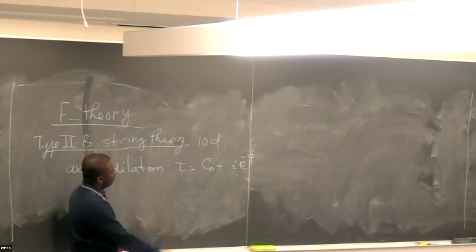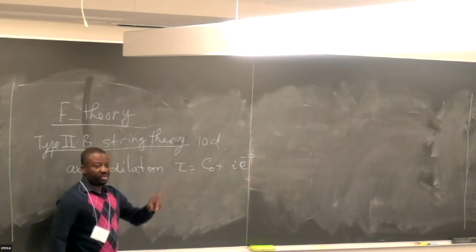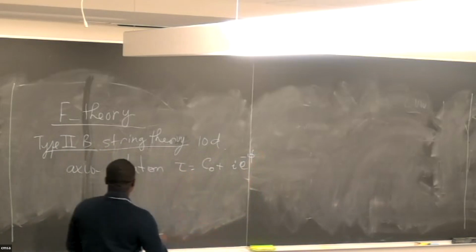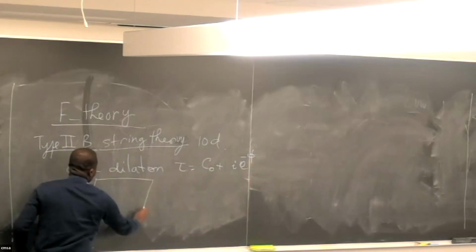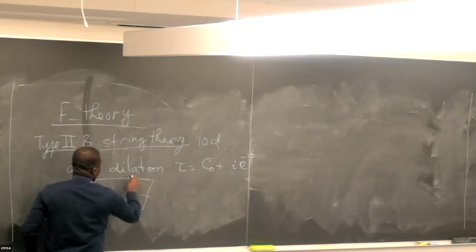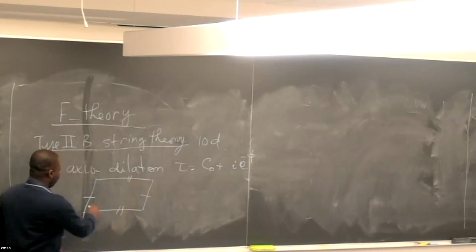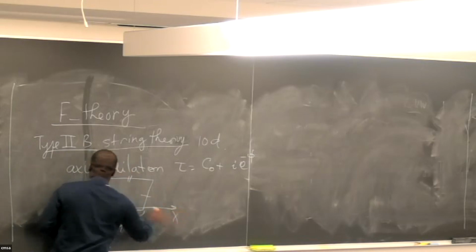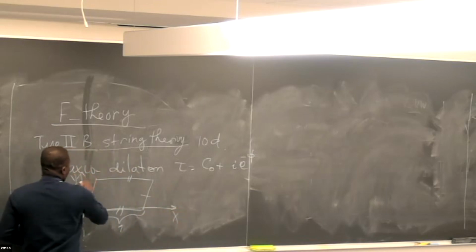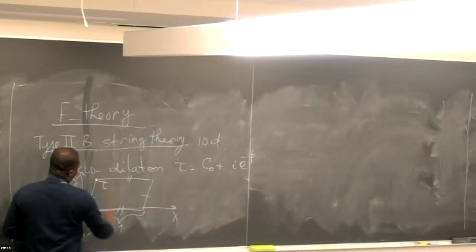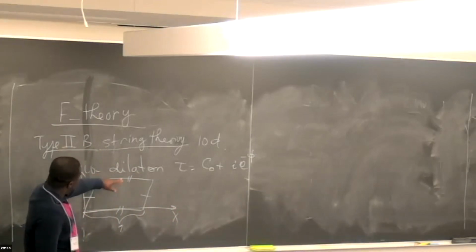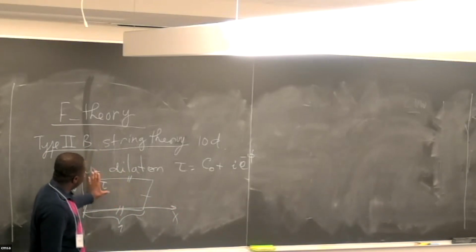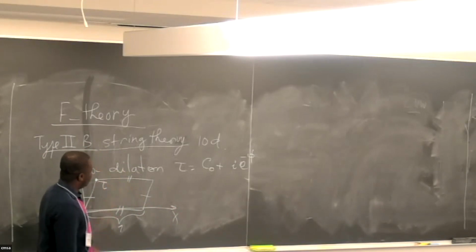So this is your axio-dilaton field written tau, and very much like what we used to describe, for example, the complex structure of a torus. Okay, so let's say this is 1. I have axes like x and y, and this one here would be tau, and I'm basically identifying both sides of this shape to describe a certain torus.